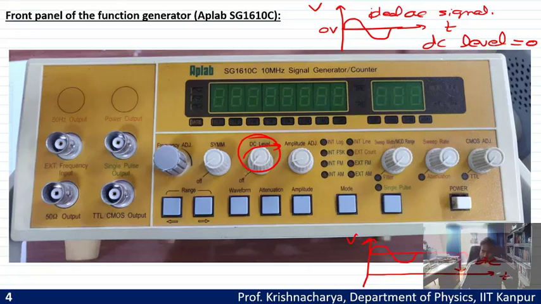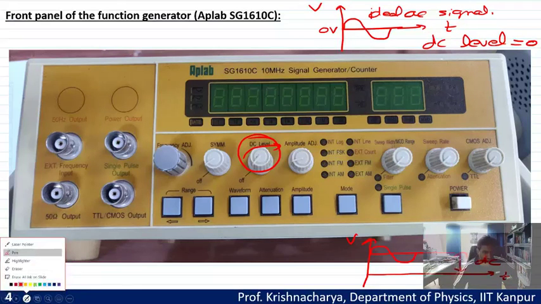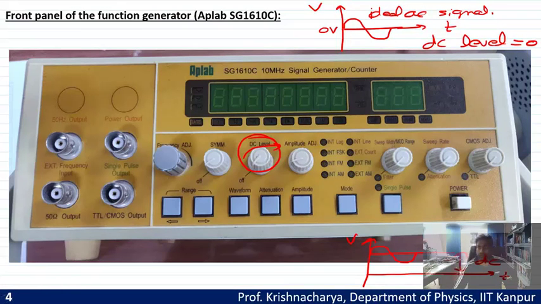I think you can try some experiments with the DC level and you will see. For example, if you use this sine wave without DC level for amplification, then simply your sine wave will get amplified. So here this amplified wave will look like this after amplification.